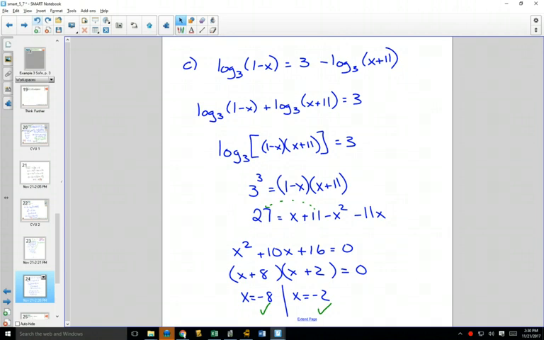So I can make a question just like I made this one, 2 negative answers that they both work. I can make a question that has 2 positive answers that both don't work. In fact, about 5 years ago, the very first question on the final exam was solving a log equation. You came up with one answer and it didn't work.